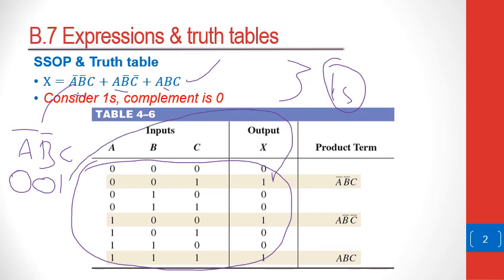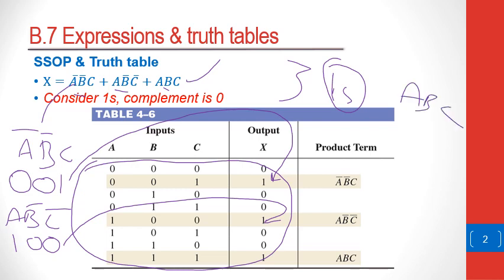The second product is A, B bar, C bar, so 1, 0, 0 will correspond to a 1. Finally, we have ABC, which means 1, 1, 1 will be represented by a 1. That's simply how you go from a standard sum of products to a truth table.